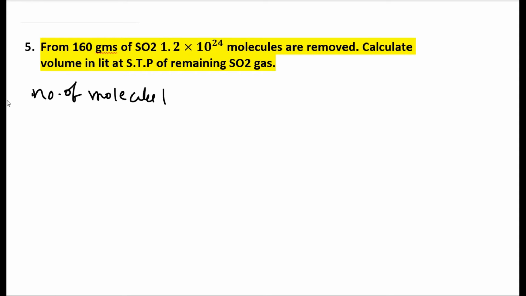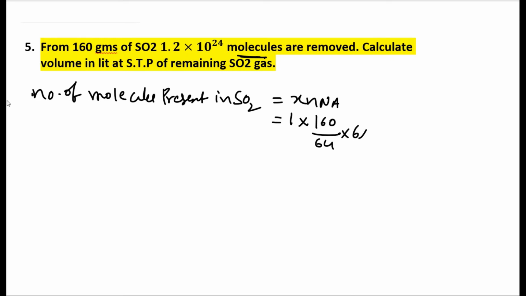X into N_A. Where X, I already told you, for molecules calculation, you need to take 1, and the number of moles is 160 by what is the gram molecular mass of SO2? It is 64, into 6 into 10 power 23. So this is the number of molecules present in this.